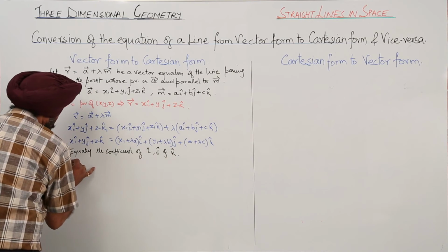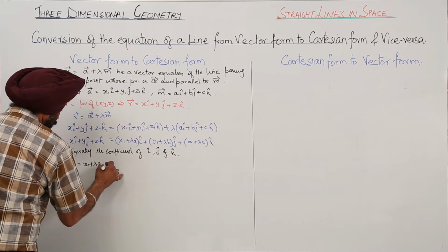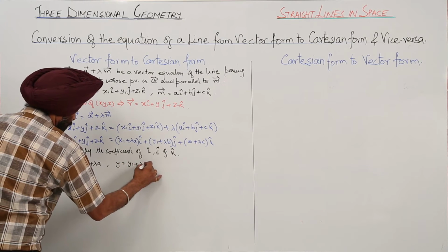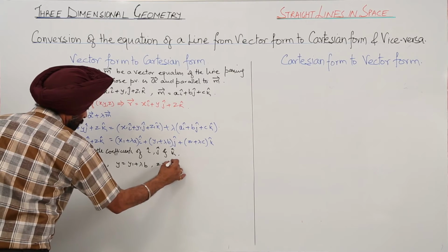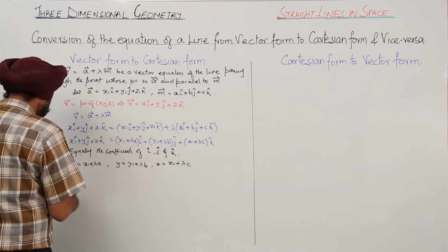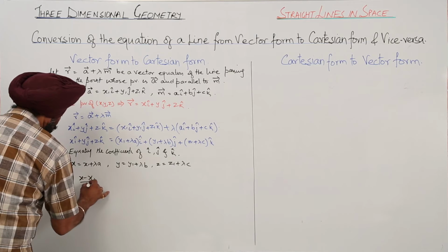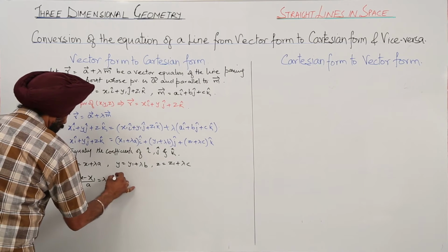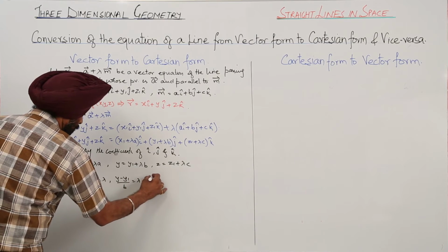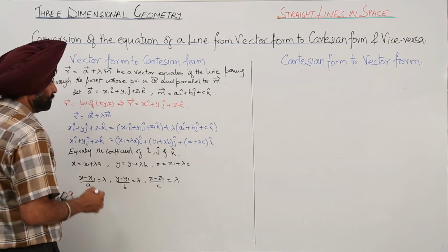We are getting x is equal to x1 plus lambda a, y is equal to y1 plus lambda b, and z is equal to z1 plus lambda c. Now what does this become? x minus x1 upon a is equal to lambda, y minus y1 upon b is equal to lambda, z minus z1 upon c is equal to lambda.